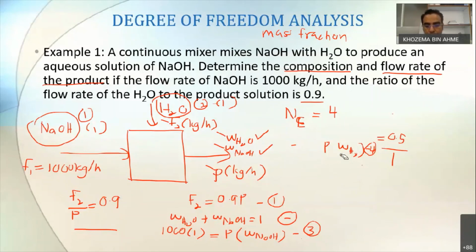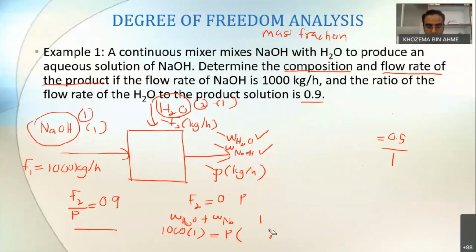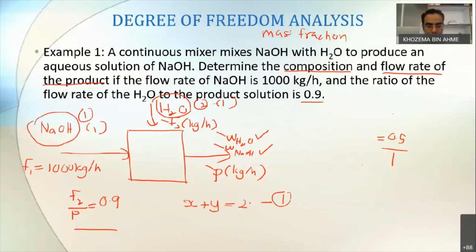If I were to say what the dependent equations are, dependent equation here means that you will create the same thing. For example, let's say I give you an algebraic equation: x plus y is equal to 2. This is my first equation. My second equation I put here is 2x plus 2y is equal to 4.